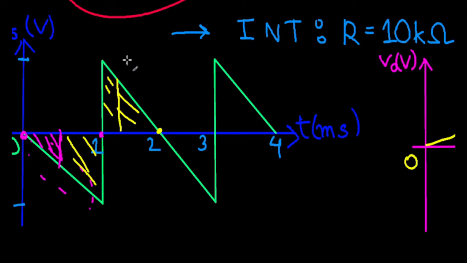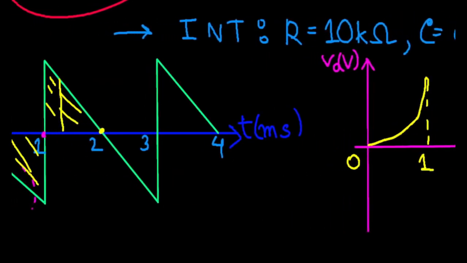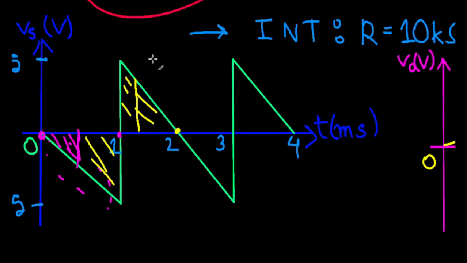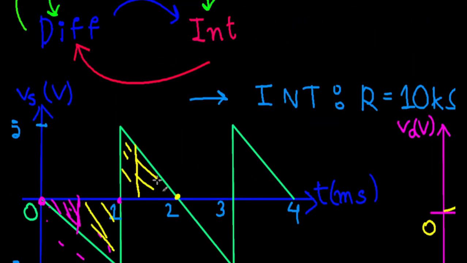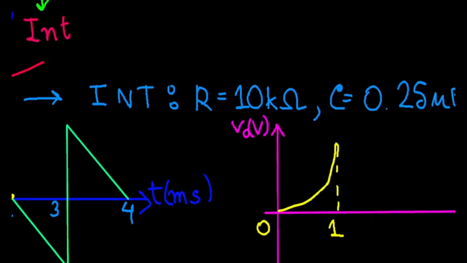What I'm trying to say is, the value of your output voltage is going to decrease, because the size of your definite integral is decreasing. It's also going to decrease in a parabolic fashion, because if you consider this branch, it's a linear function, so if you take the integral of that, it should be a quadratic, a parabola.